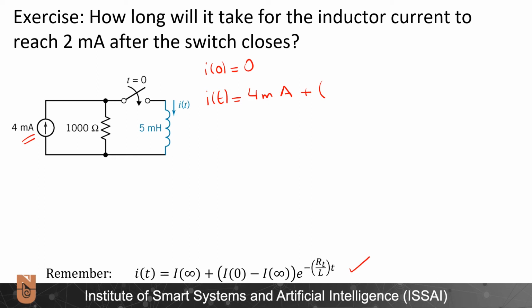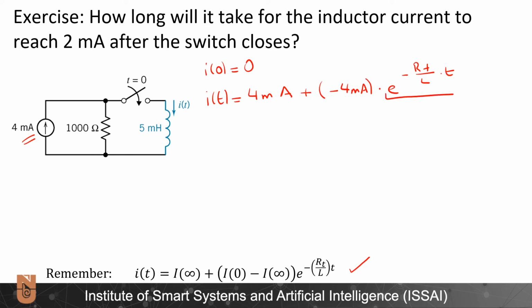Then I will have minus 4 milliamperes again, times e to the minus R_T over L times t. R_T is equal to 1000 ohms. L is equal to 5 millihenries. And from here I will also find the tau value.